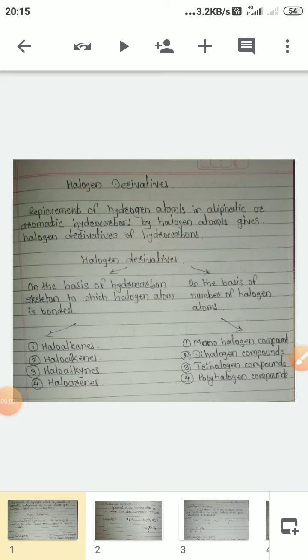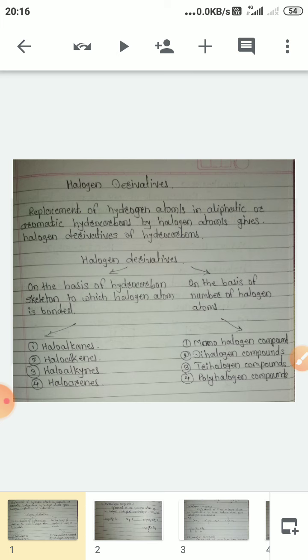Hello friends, now we are going to start a new chapter, which is halogen derivatives. Now what are the halogen derivatives? If one or more hydrogen atom or atoms are replaced by halogen atom, then the resulting compounds are called halogen derivatives of hydrocarbons.